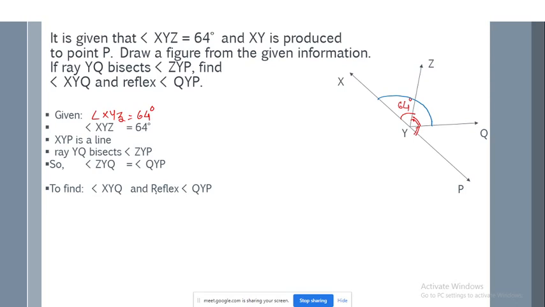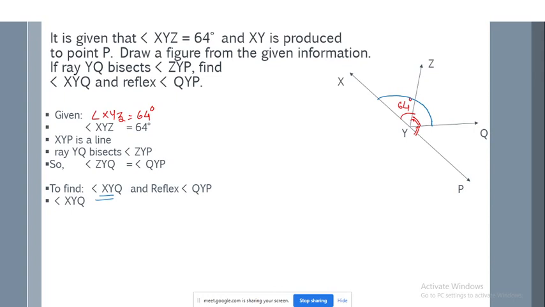Okay, let's first start with angle XYQ. Now everyone try to find angle XYQ in any method you like, and give me the answer through the chat box. I need to see everyone's answer.